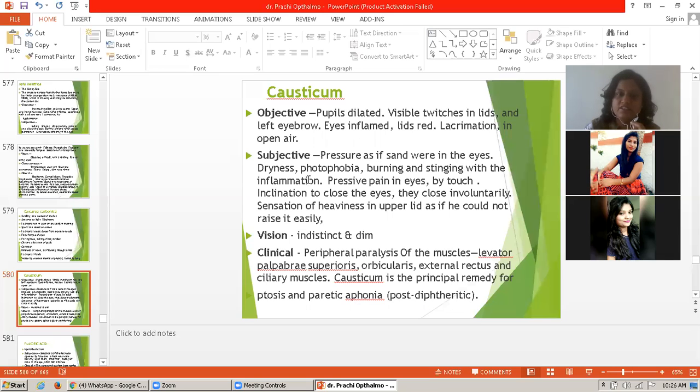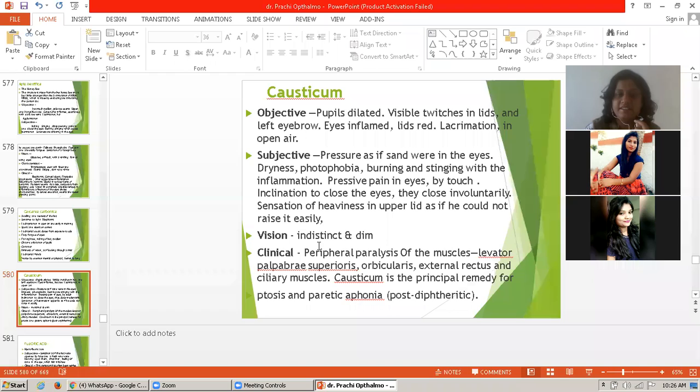There is a dryness, photophobia, burning and stinging with the inflammation and pressure pain in the eyes by touch. With the inclination to close the eyes, they close involuntarily and there is a sensation of heaviness in the upper lid as if he could not raise it easily.